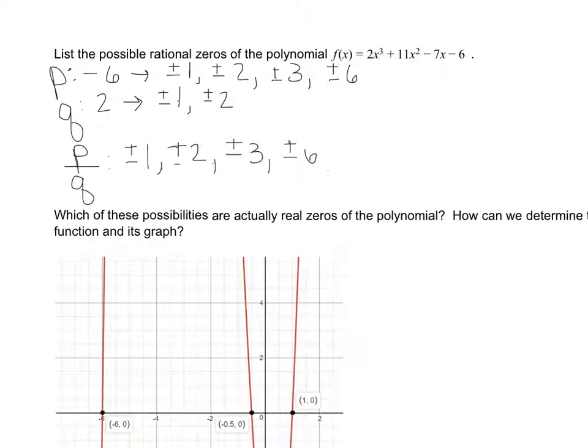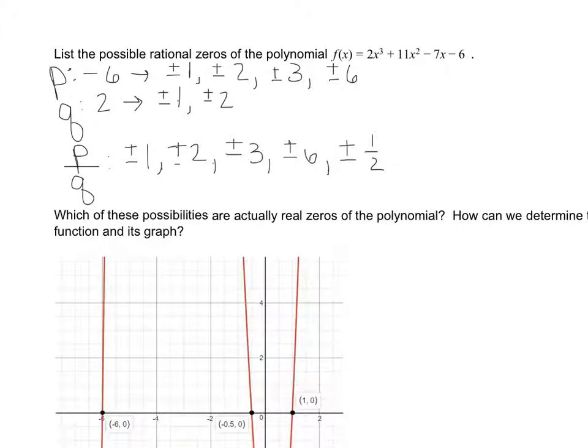Next, we have to take all of our values we got for p and divide them by 2. And anything that we see repeated, we don't list again. So we start with 1 divided by 2. So that gives me plus or minus 1/2. We then do 2 divided by 2. Well, that gives me 1 again, which we've already listed, so we don't list it a second time.